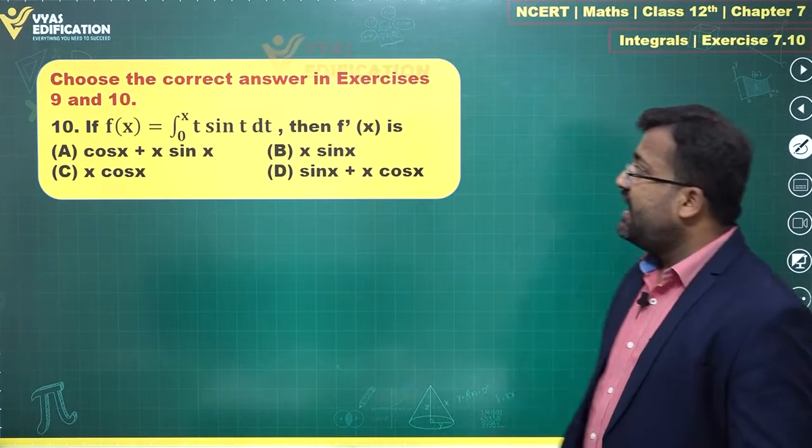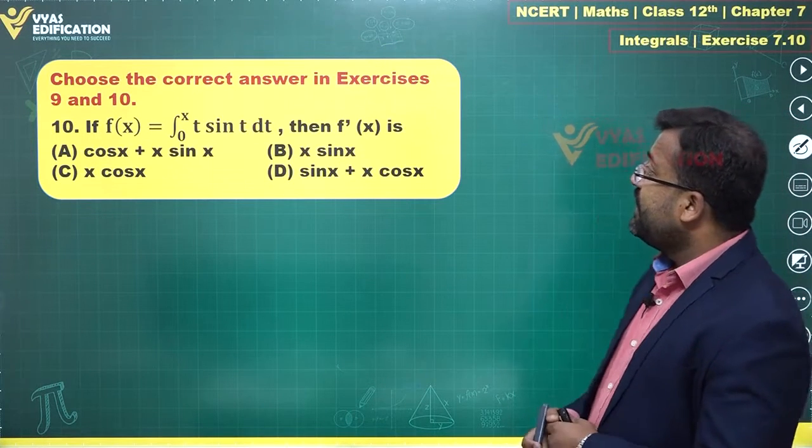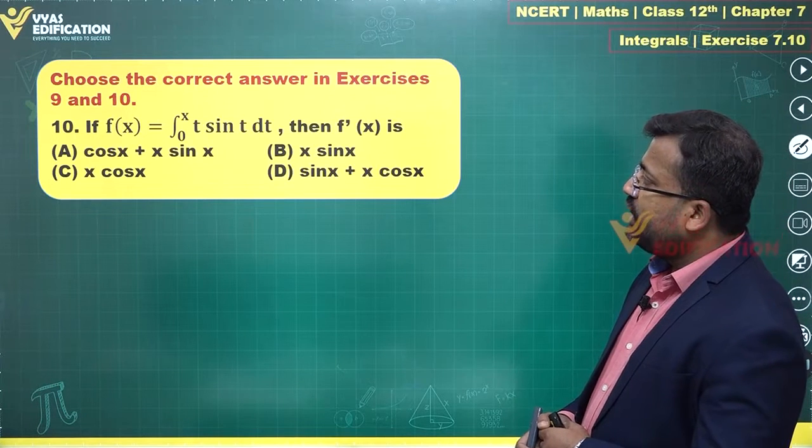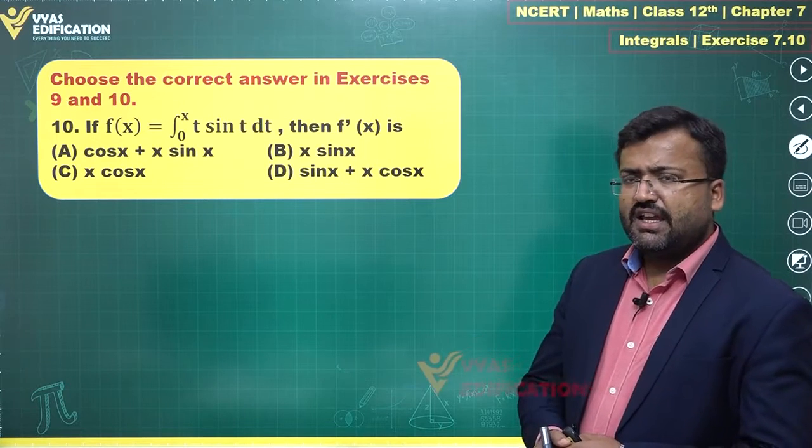In the 10th question, we have, if f(x) equals integral from 0 to x of t sin t dt, then f prime x is equal to what? We just have to find the derivative of this. Yes.